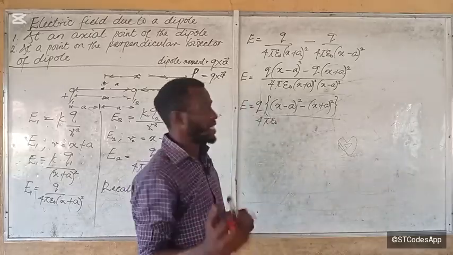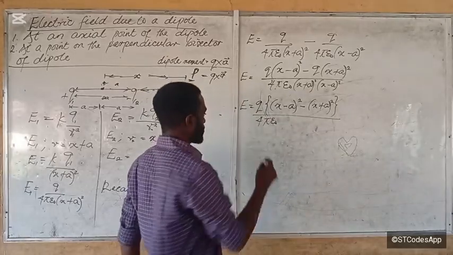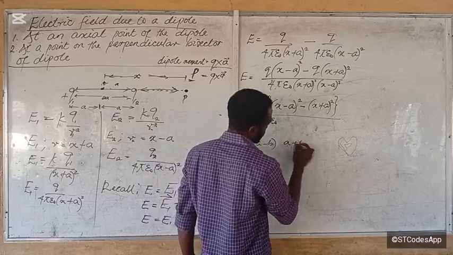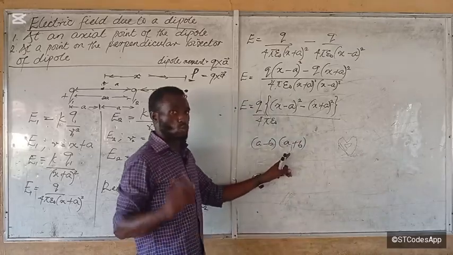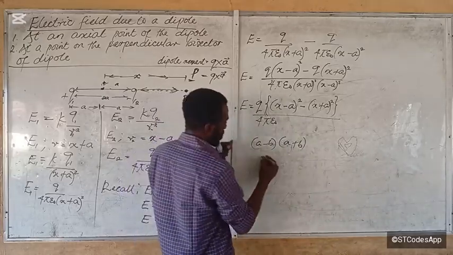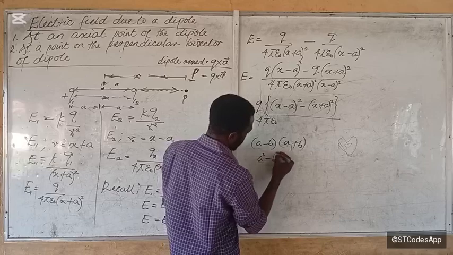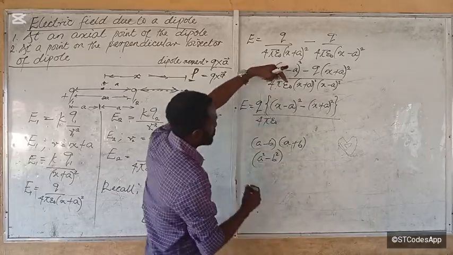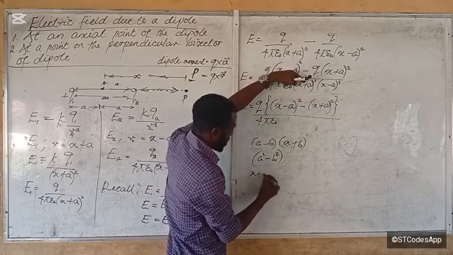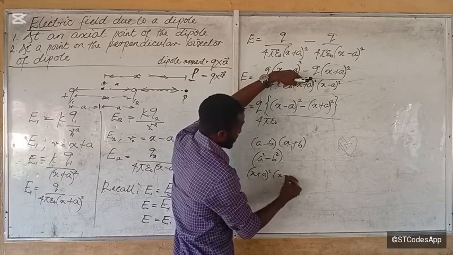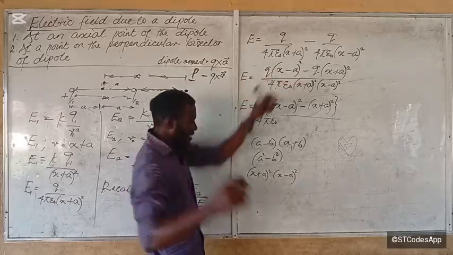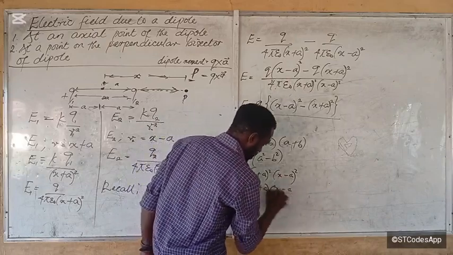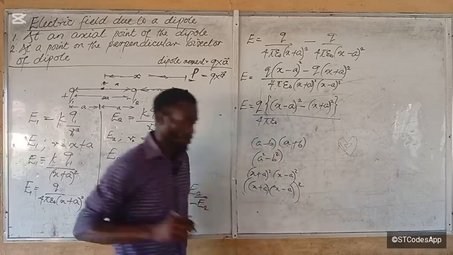Now let me do something here. You know that if I have a minus b and a plus b as a difference of two squares, it will be a squared minus b squared. In this case too, if I have x plus a all squared and x minus a all squared, it is the same as x plus a and x minus a both squared.